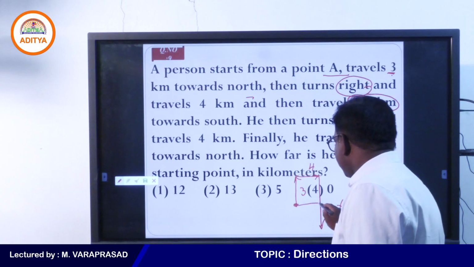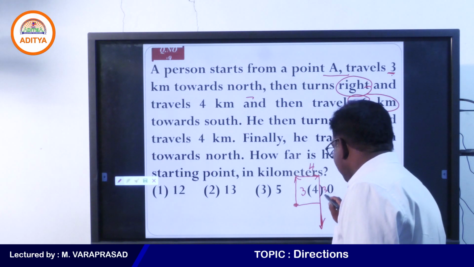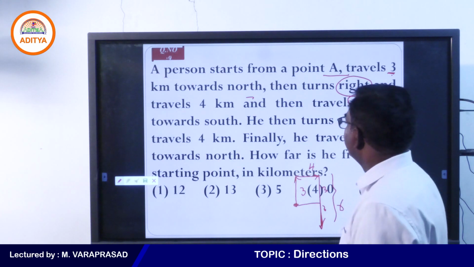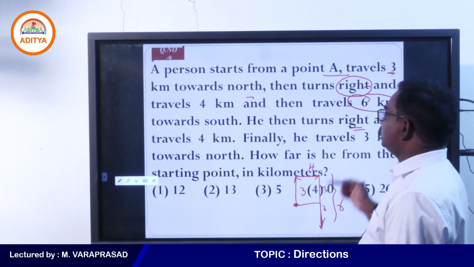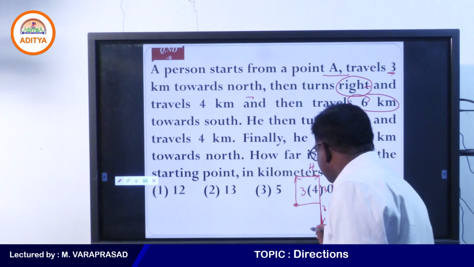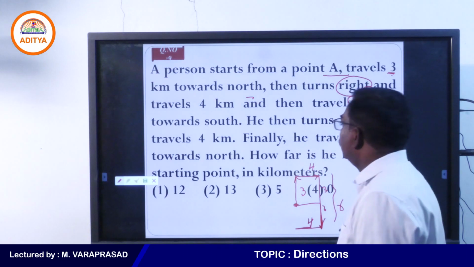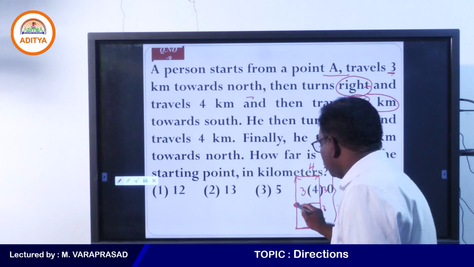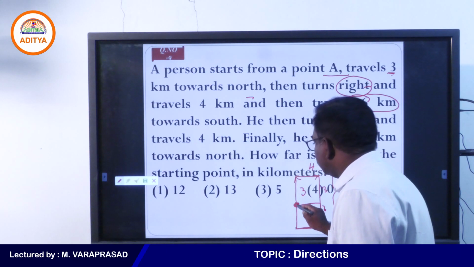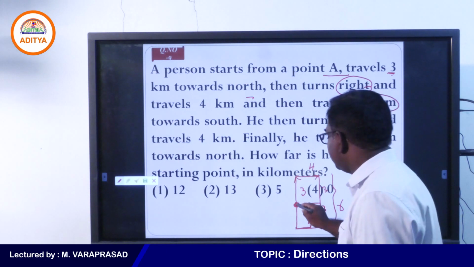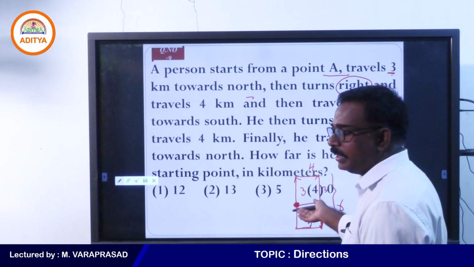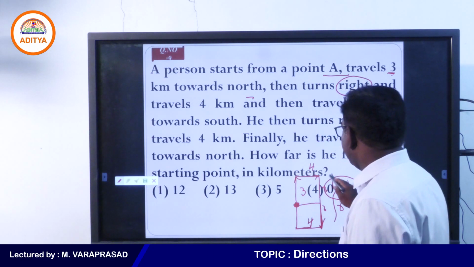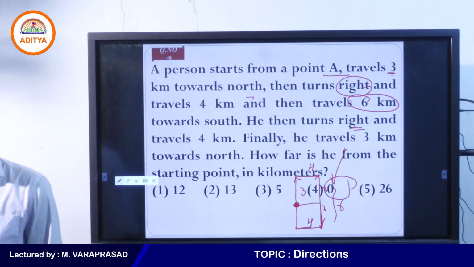So this is 3, which means the remaining 3 is here, 3 and 3, totally this is 6. Then he turns right and travels 4 kilometers. Finally travels 3 kilometers towards north. So this is the initial point and this is the final point. Now how far from the initial? It is the same point, so the distance is 0 here. Option number 4.